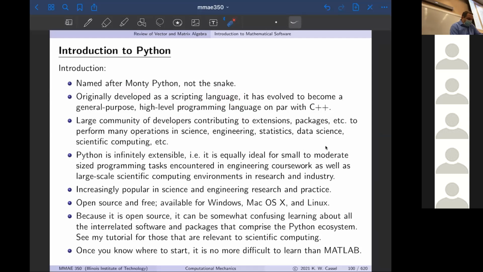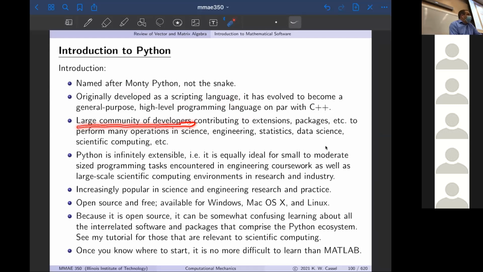One of the big differences between Python and other computing environments is that because it's open source, there's a large community of developers. So who's developing MATLAB? Well, it's a bunch of paid engineers, scientists, mathematicians, and computer scientists working for MathWorks. So who decides what new features the next version of MATLAB will have?